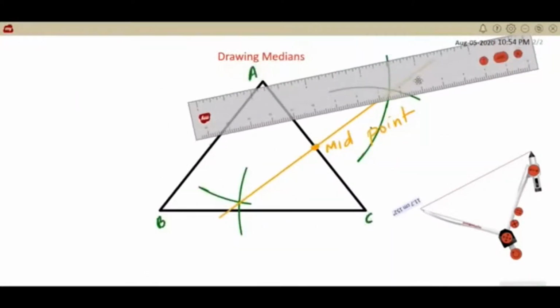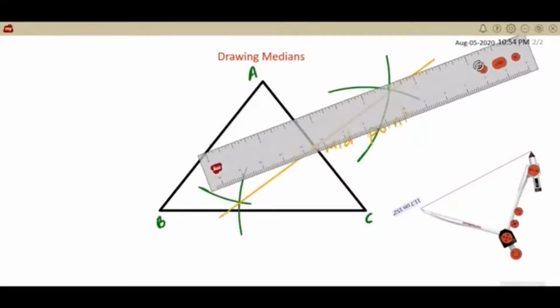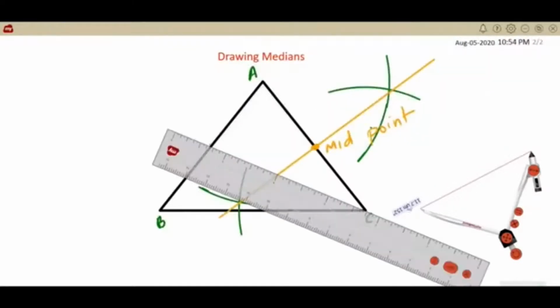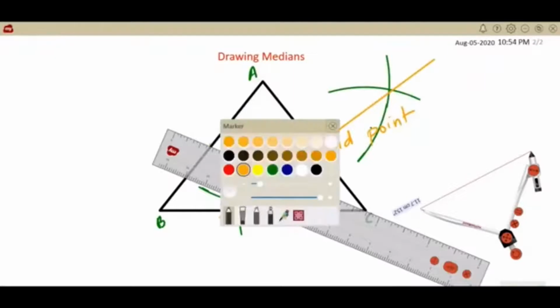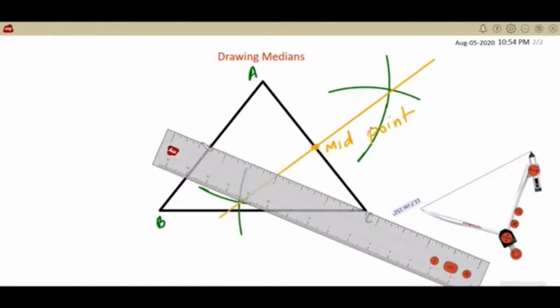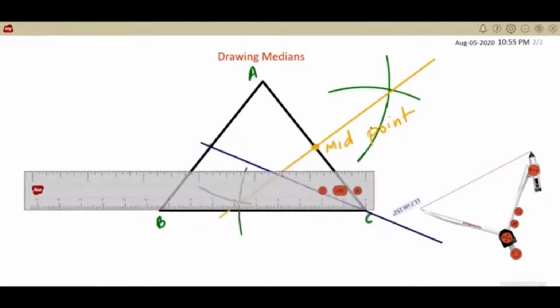It's not that easy to manage the scale digitally, and experience is required. COVID is giving us experience to handle the digital scale nowadays. Anyway, I am drawing it roughly, again from the midpoint of side AB to the opposite vertex C. In the same way we have to find the midpoint of BC, putting the scale there.